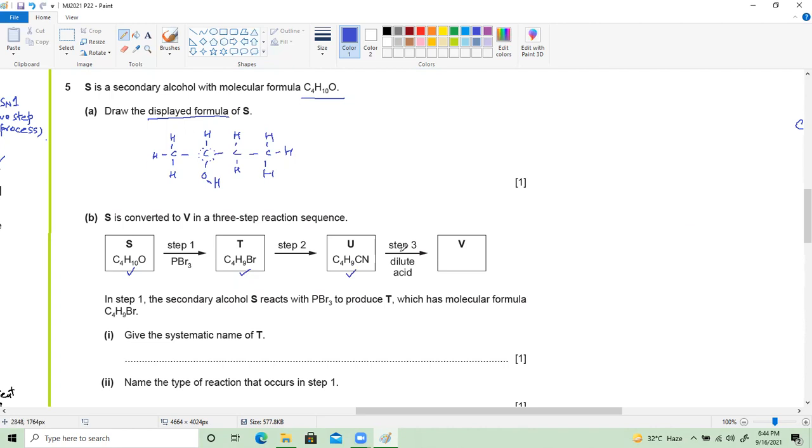In step 1, the secondary alcohol reacts with PBr3 to produce T, which has molecular formula C4H9Br. Give the systematic name of T. This is the OH. It was butan-2-ol, and the OH group gets replaced by the bromine, so it will become 2-bromobutane.